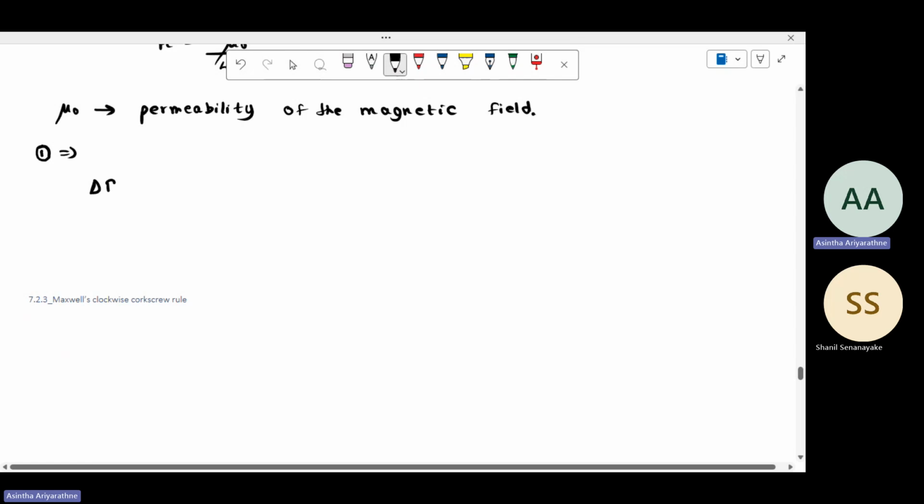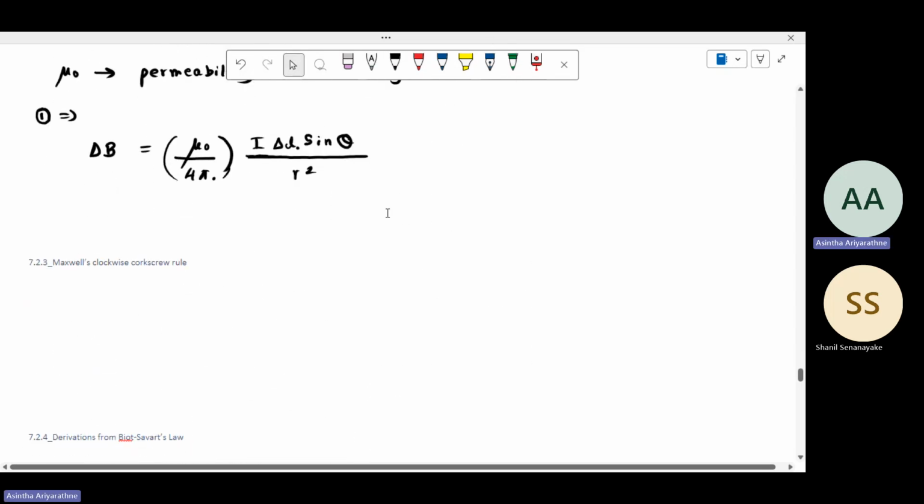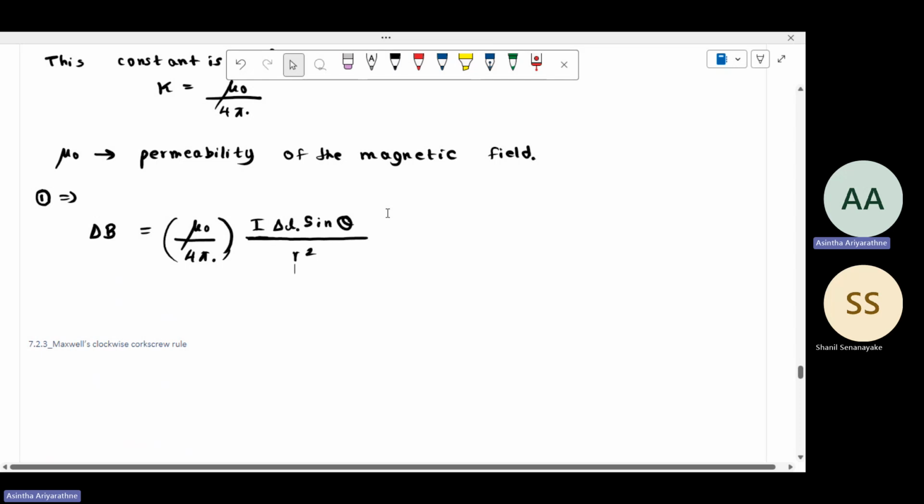So this delta B can be written as mu naught over 4 pi, I delta L sin theta over r square. So this is the expression derived from the Biot-Savart law.